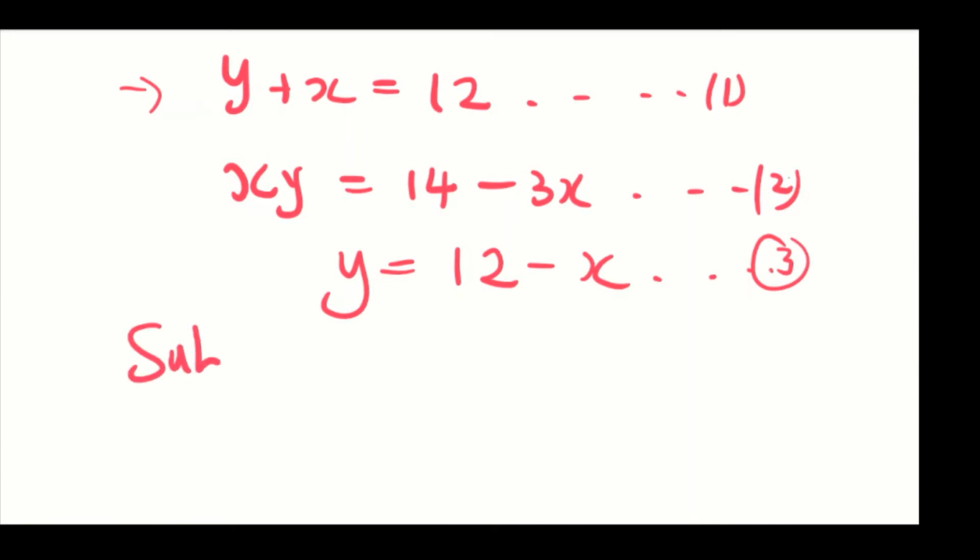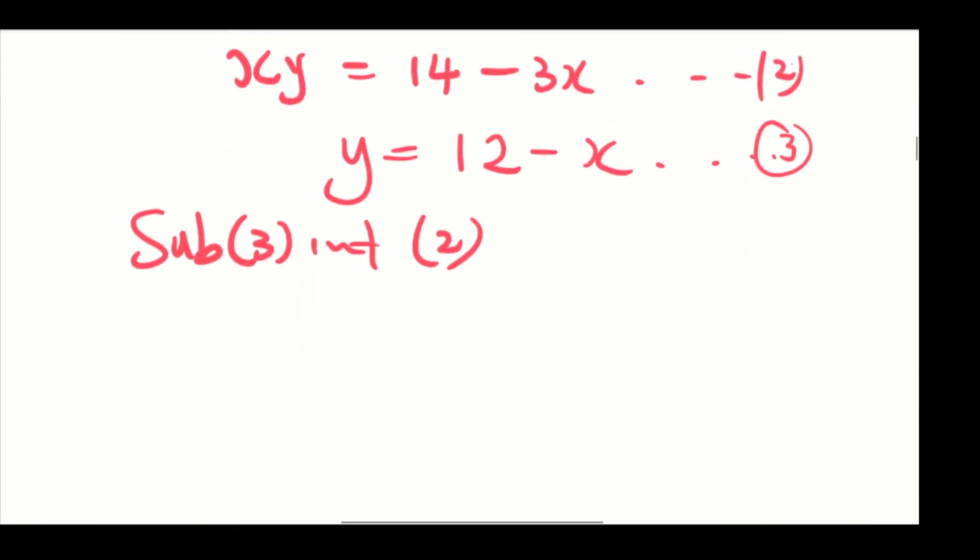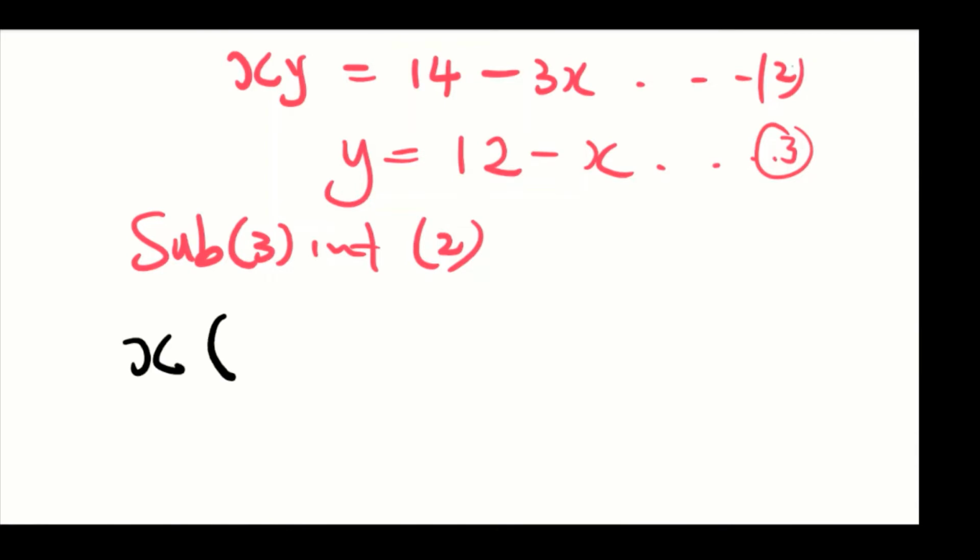So we're going to substitute equation 3 into equation 2, right? So whenever we see y, we're just going to put 12 minus x. So we're having x into our y, right? So it's just going to write x times 12 minus x being equals to 14 minus 3x, right?